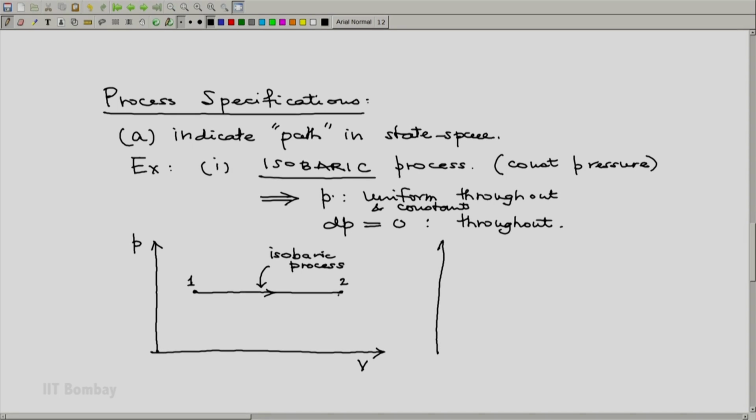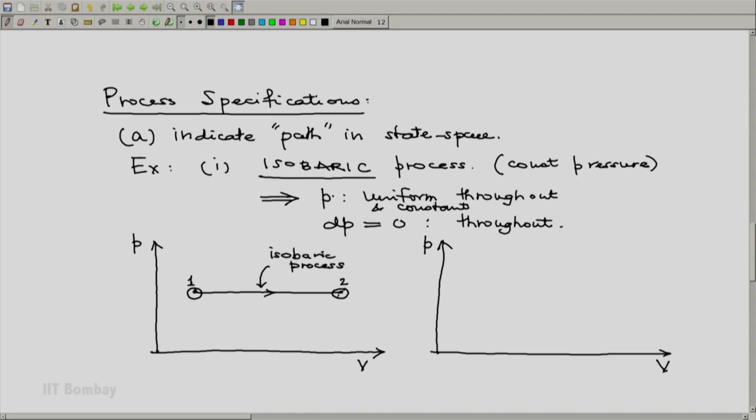We should not confuse a pair of isobaric states with an isobaric process. For example, in this illustration, the initial state and the final state are two states which are isobaric, that means P1 equals P2. The process 1 to 2 is isobaric as shown in this figure, because throughout the process the pressure maintains its initial value.